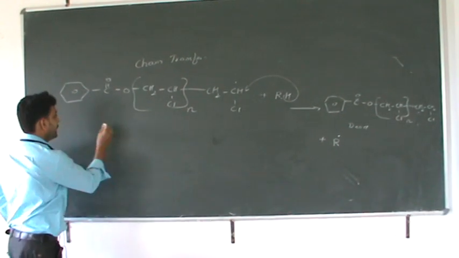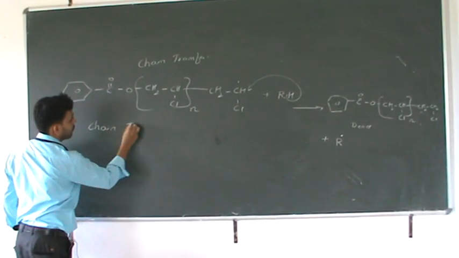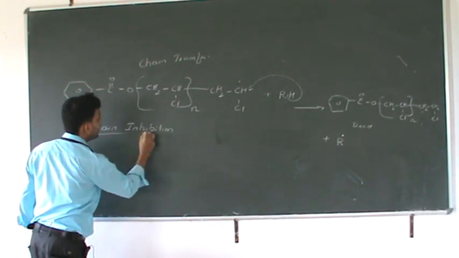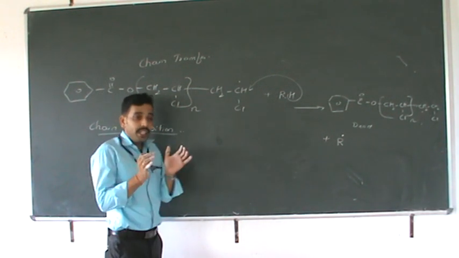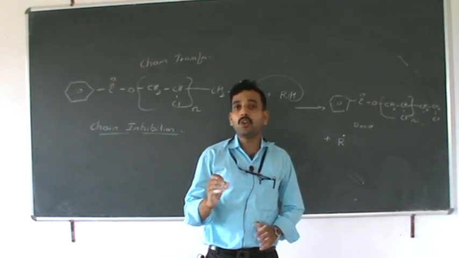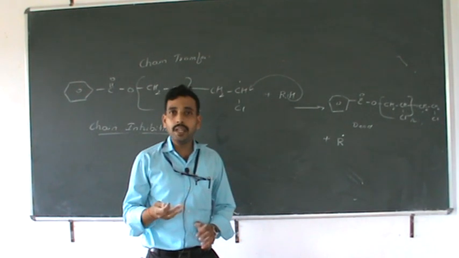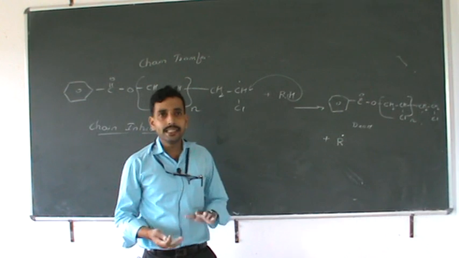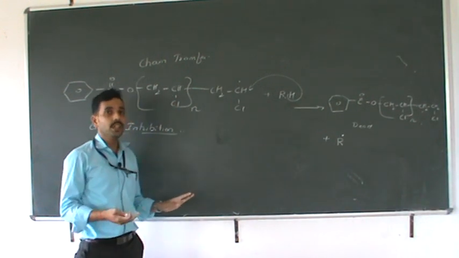And another one is chain inhibition. What is meant by inhibition? To inhibit, or to kill, or to arrest the growing polymer chains. It may be permanently arrested or it may be temporary. Generally, inhibitors are used to temporarily arrest.